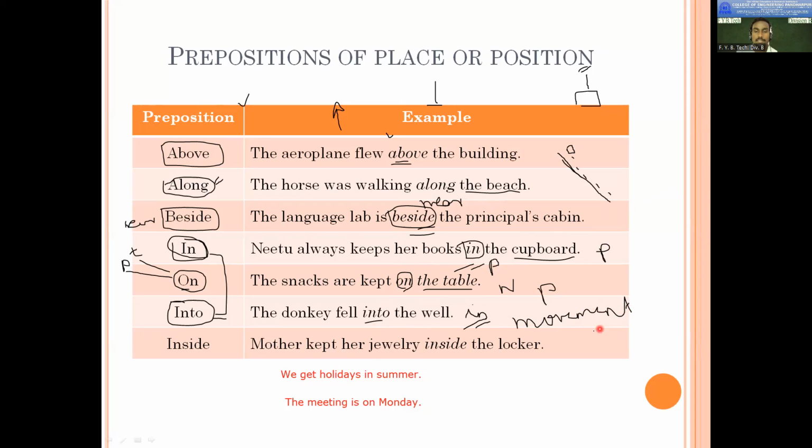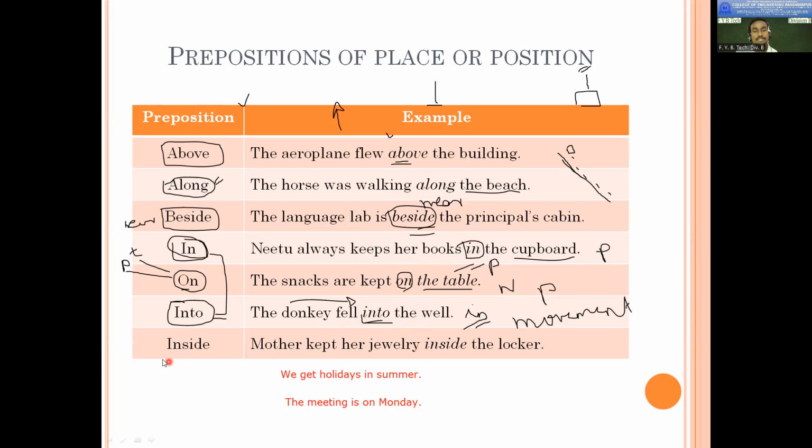In that case, it is used "into". For example, the donkey fell into the well. There is a motion, a movement, a kind of direction of falling into the well, so therefore it is "into". Here you cannot use "donkey fell in the well"; it has to be "donkey fell into the well".